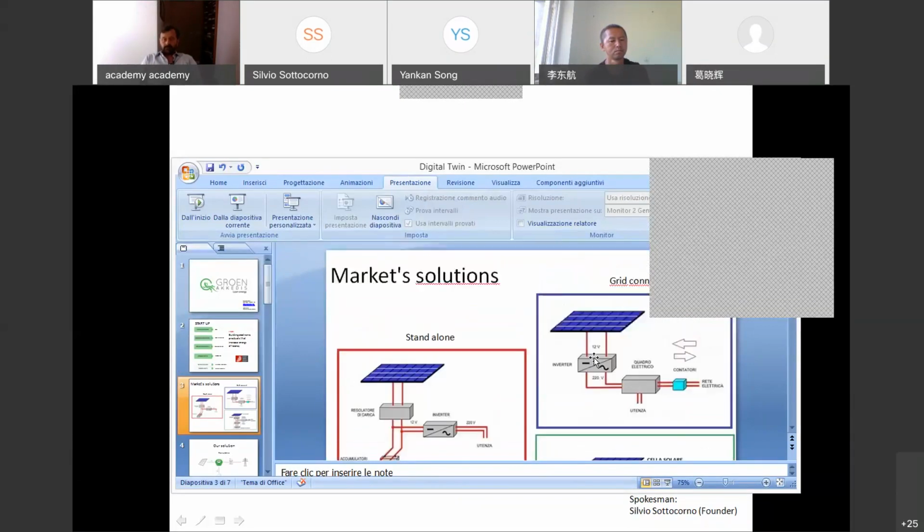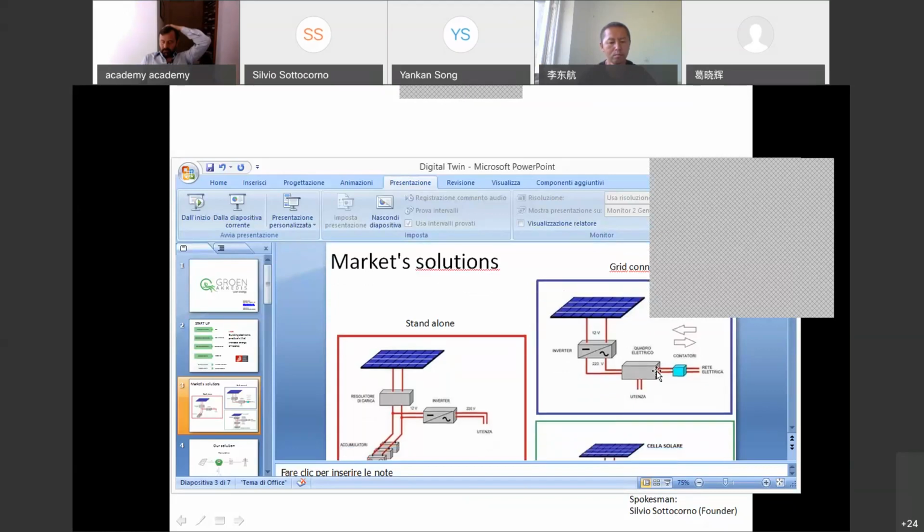The second, grid-connected. In this case, the energy from the renewable is mainly used by the user, and the excess energy is fed into the grid. In this case, it's convenient to use this configuration when the price of the excess energy sold to the grid is higher than the price of purchases from the grid.